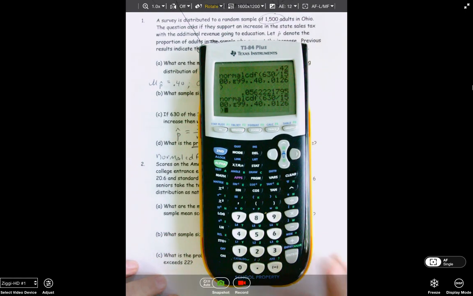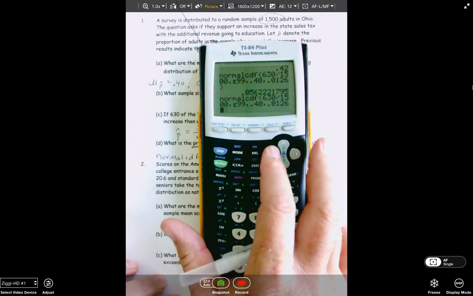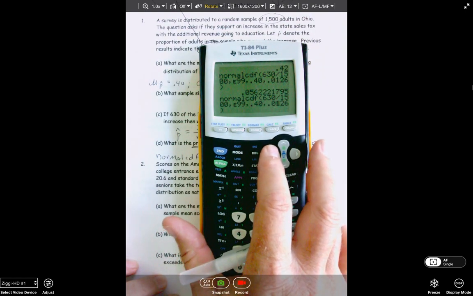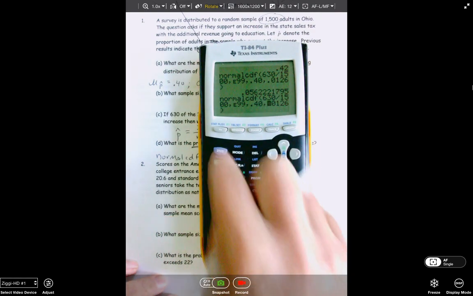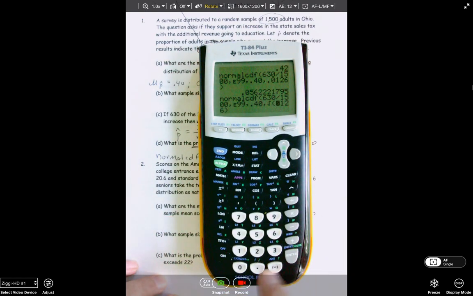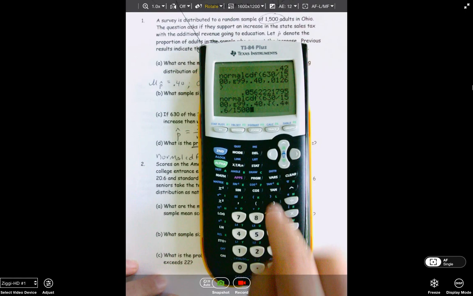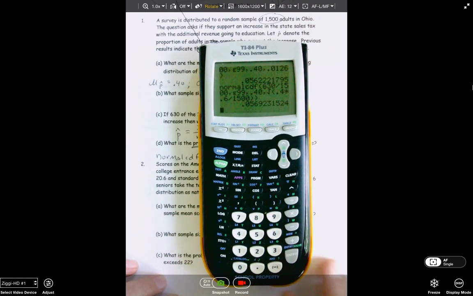Let's see what would have happened if we had gone ahead and done it the way that I like to do it. I like to just type it all out and do the square root of 0.4 times 0.6 divided by 1500. And it's off a little bit.